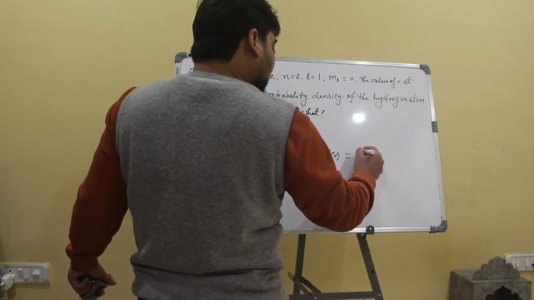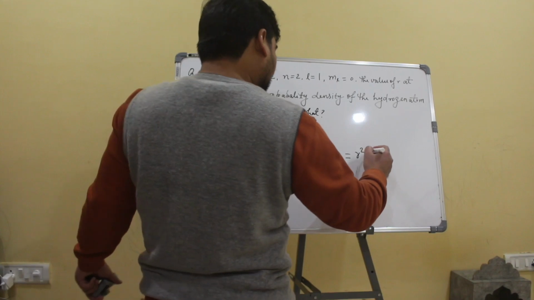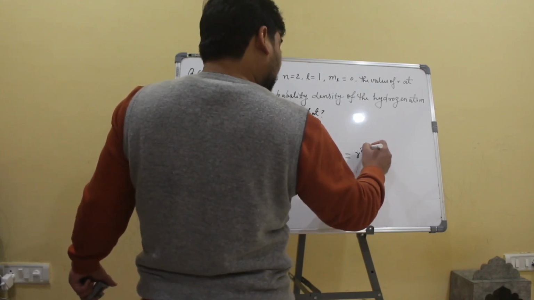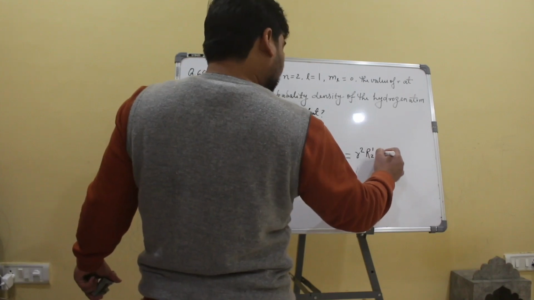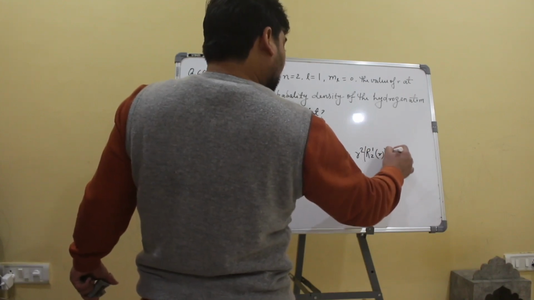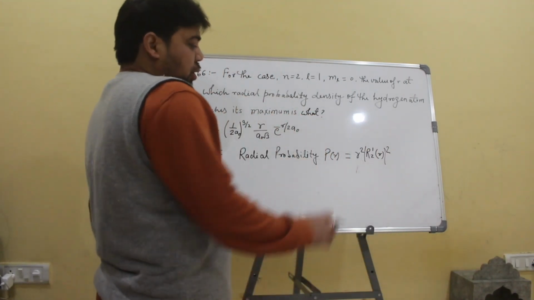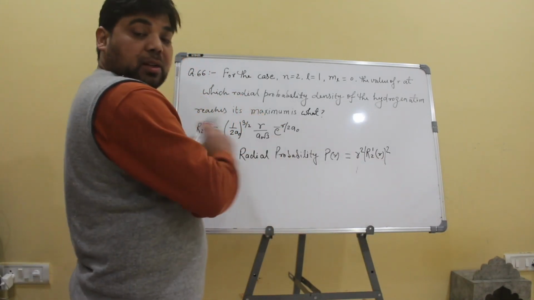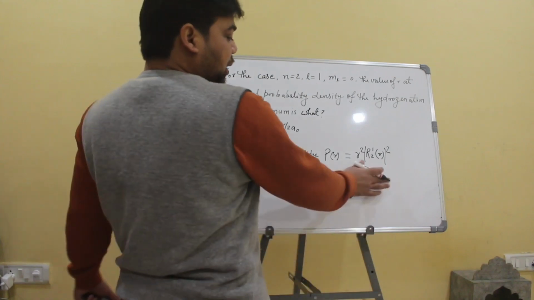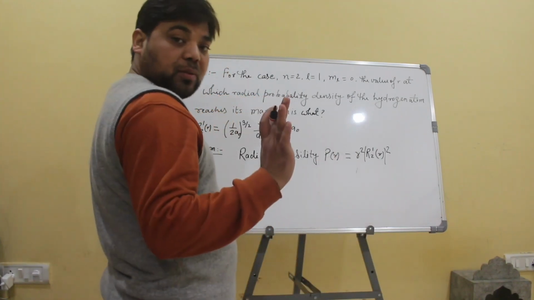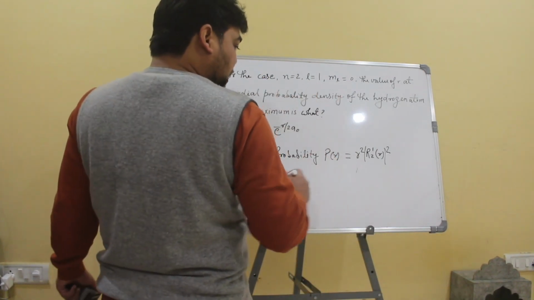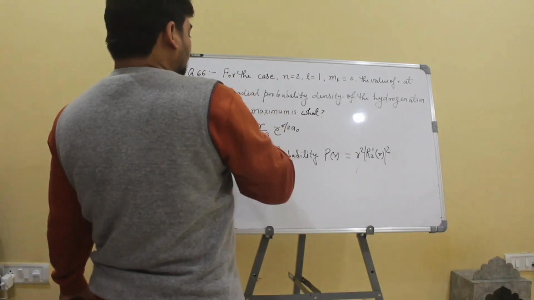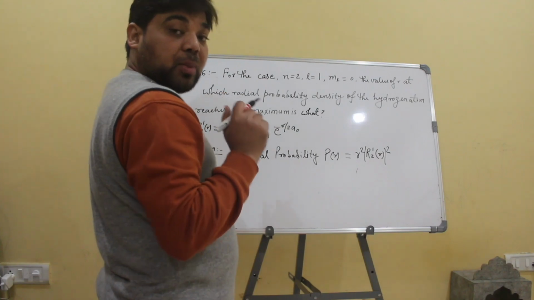It is r square times the wave function squared, which is given right here. Remember that it is a probability density, so it is not integrated over the volume. So now it is asked at what value it is maximum.